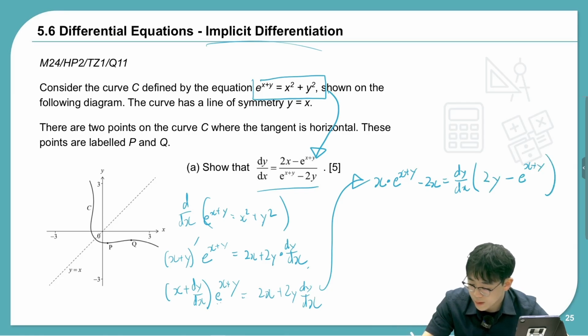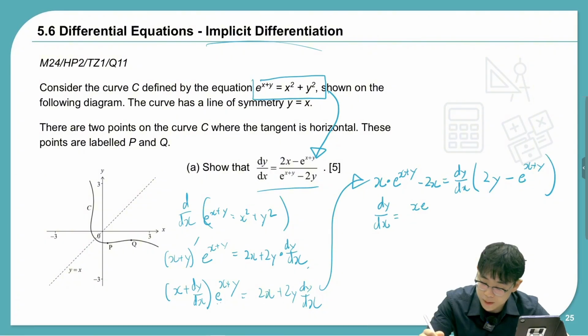Okay. So if we isolate dy over dx, we would get x e to the power of, and then this would be 1, by the way, because x prime is just 1, right?